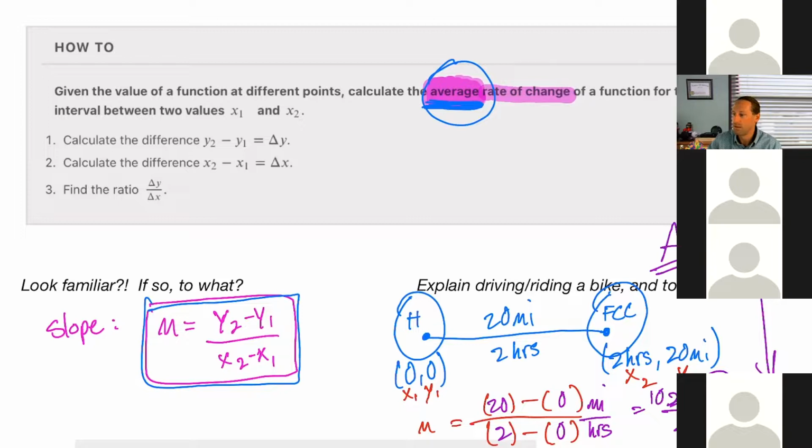But again, remember, that is my average rate that I traveled. I did not go 10 miles an hour the entire time. That's just the average.